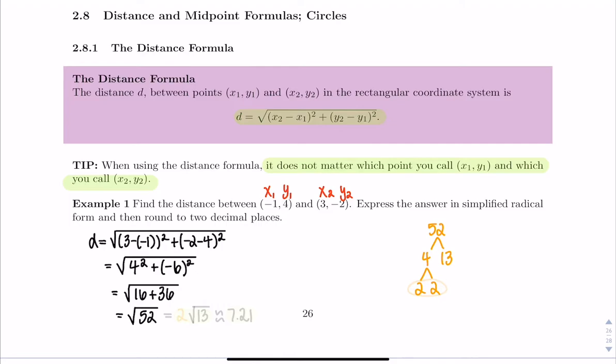So since this is a square root, the index is 2, so we're looking for pairs of the same number. So we have a pair of 2's that can be taken apart. And so what we end up getting is the 2's come out, and we're left with a square root of 13.